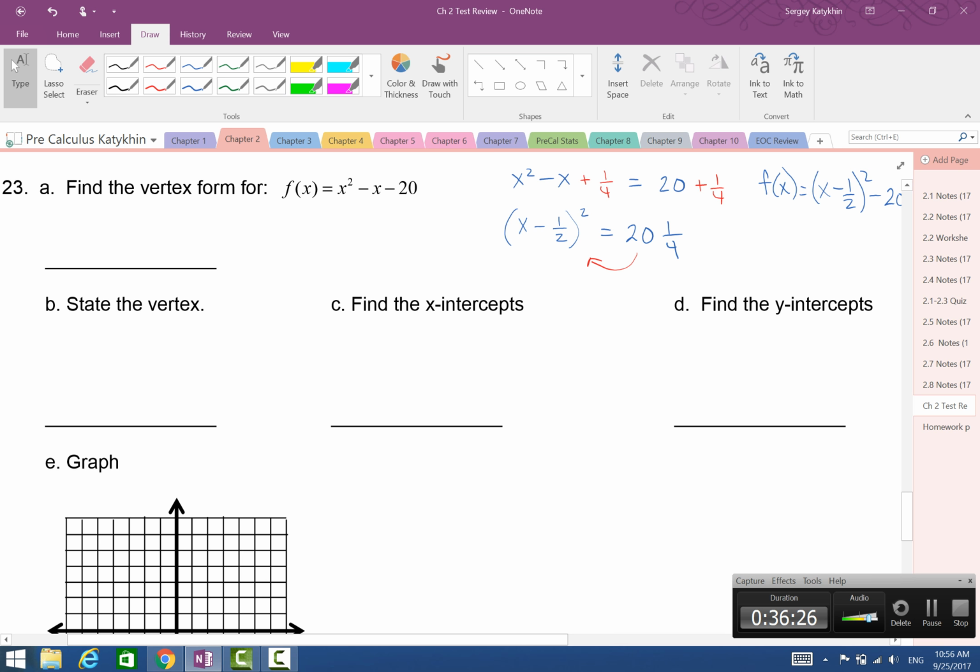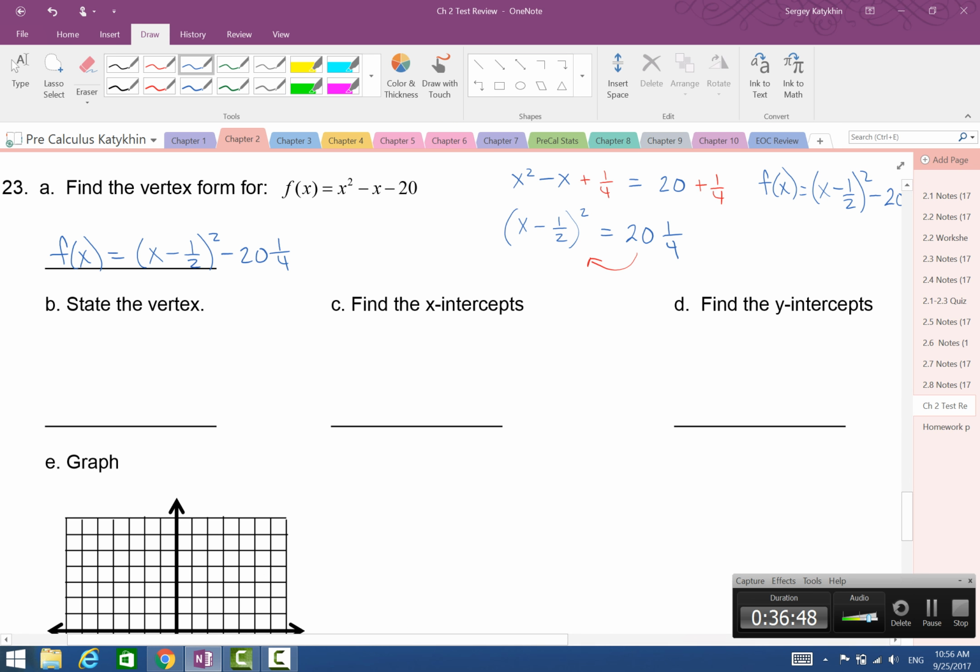So let's talk about what the formula is. So the formula is going to be f of x is equal to x minus 1/2 squared minus 20 and 1/4. So that's a vertex form.